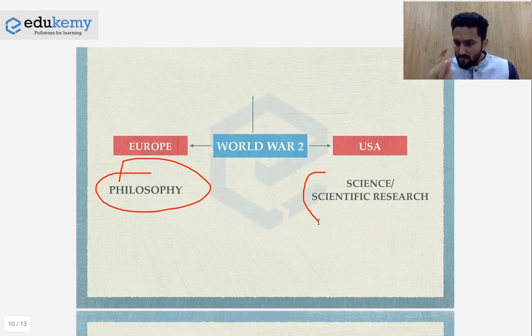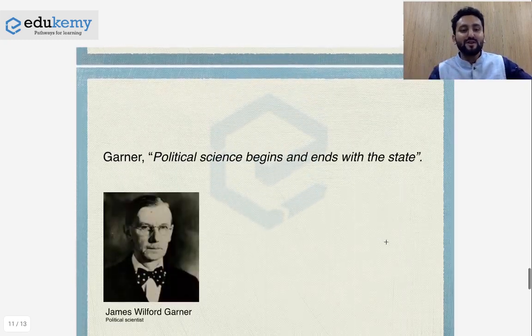We should observe the objective reality. We should analyze the behavior of people, and that's where we talk about the behavioral approach. Because can we imagine politics without interpreting behavior? Because behavior decides action. So scholars of the USA focused on that.